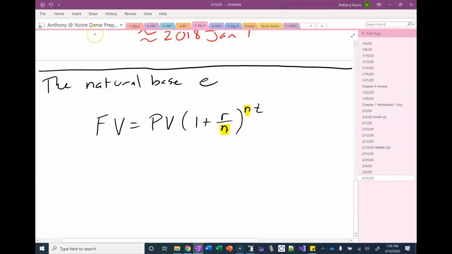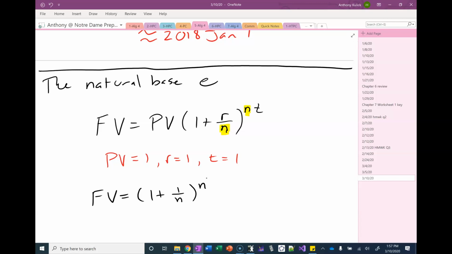So what we're going to be looking at here is this value for n when it gets really, really big. To study that, we're just going to set all the other parameters to 1. So this is just going to turn into FV equals (1 plus 1 over n) to the n.